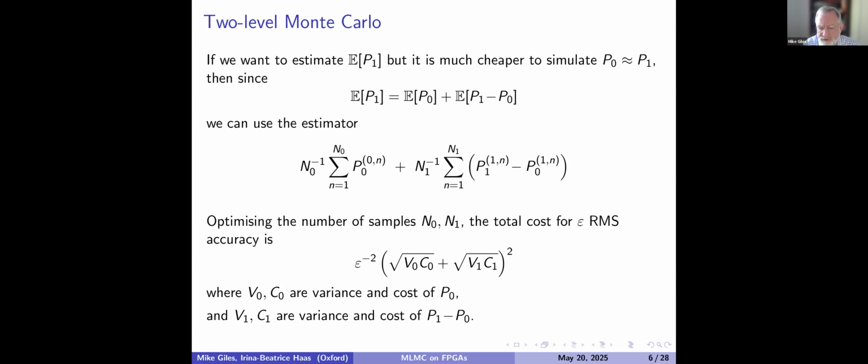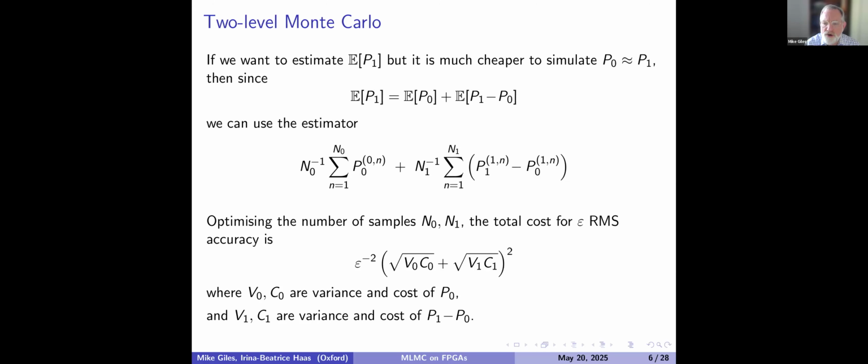Moving towards multi-level, let's first start with a two-level setup. So suppose we want to estimate some quantity P1, but it's much cheaper to simulate some other quantity P0, which is roughly equal to P1. Well, in that case, we can use this trivial identity that the expected value of P1 is the expected value of P0 plus the expected difference.